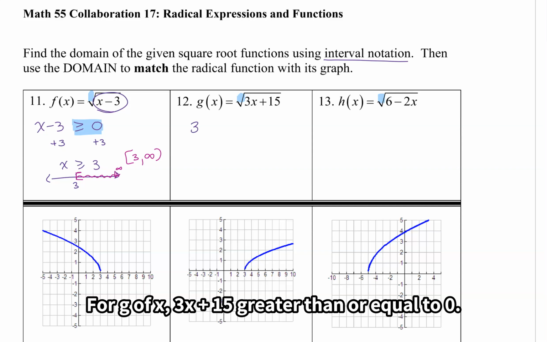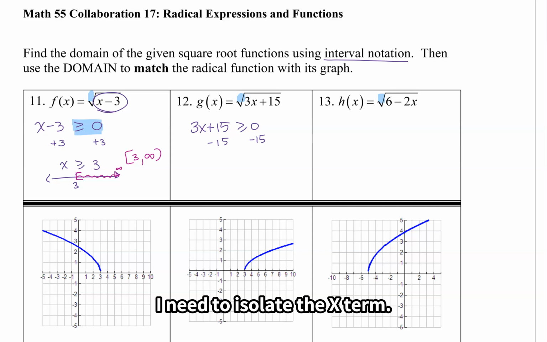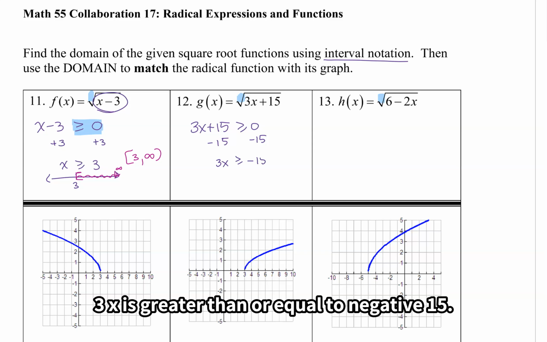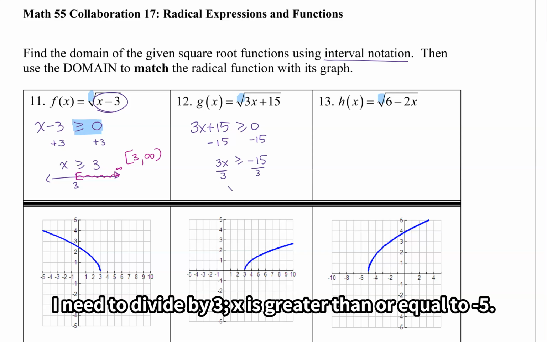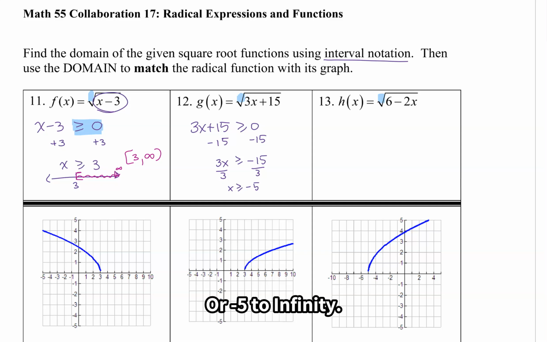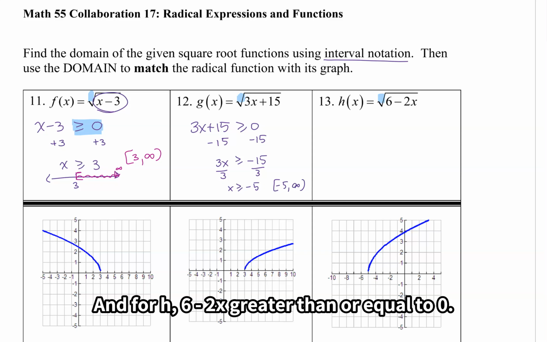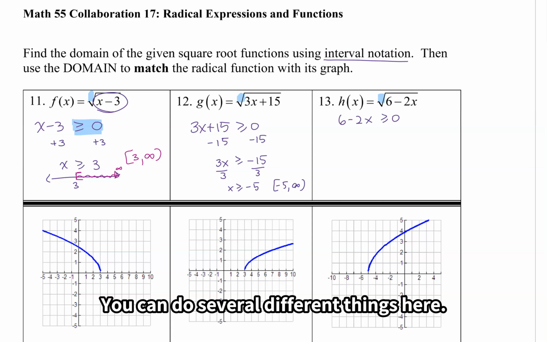For g of x, 3x plus 15 greater than or equal to 0. I need to isolate the x term, so I get rid of the 15. 3x is greater than or equal to negative 15. I need to divide by 3. X is greater than or equal to negative 5, or negative 5 to infinity. And for h, 6 minus 2x greater than or equal to 0. You can do several different things here.